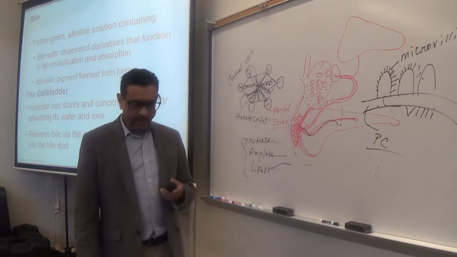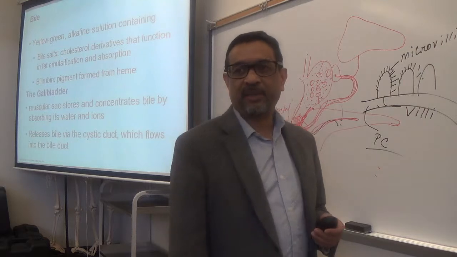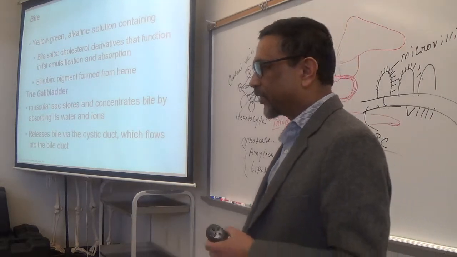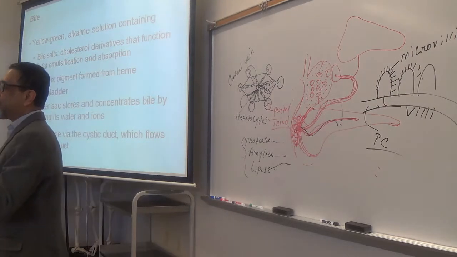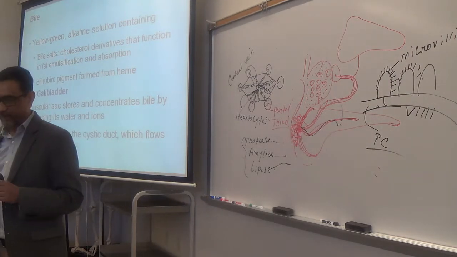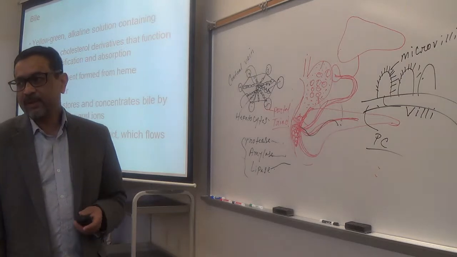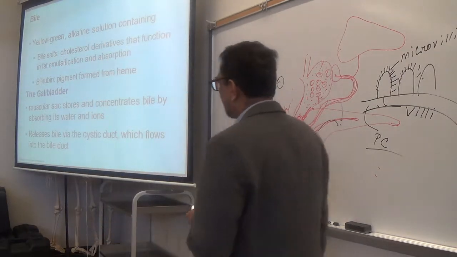Because of bilirubin, the color is yellowish, because bilirubin is a yellow-colored pigment. Yellow, right? So that's why the bile is yellowish.